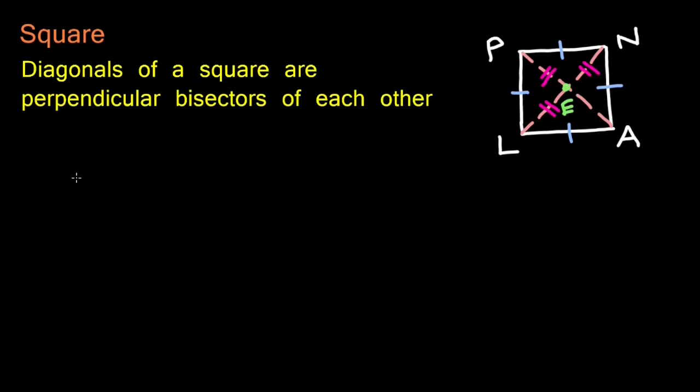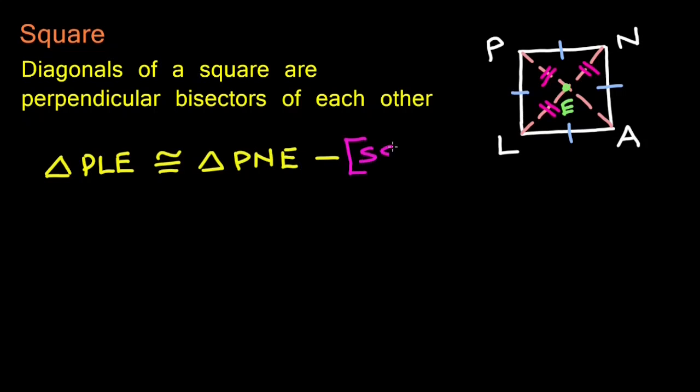We can easily prove triangle PLE congruent to triangle PNE by SSS test of congruency. When two triangles are congruent, their corresponding angles are also equal. Therefore, we write angle PEL equals angle PEN.